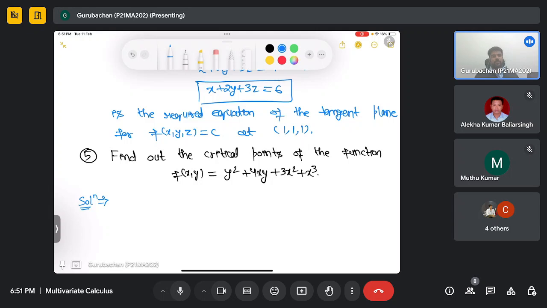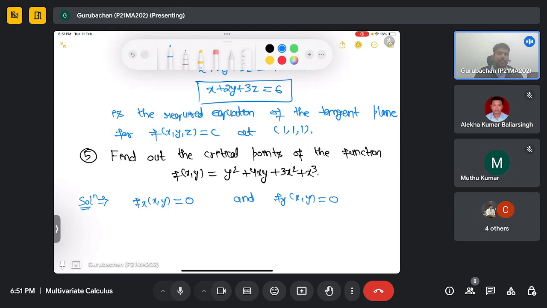So as we have been told, in order to find the critical points, we need to find fx at (x, y) and put it equal to 0, and we also need to check fy at (0, 0).